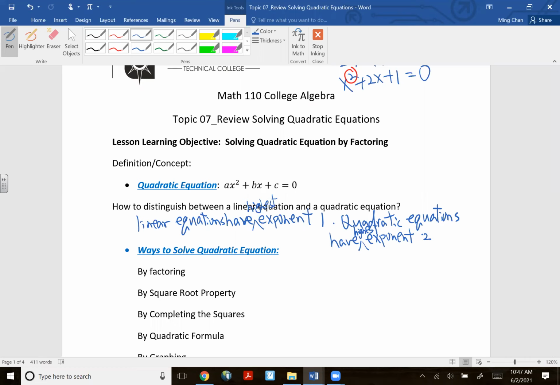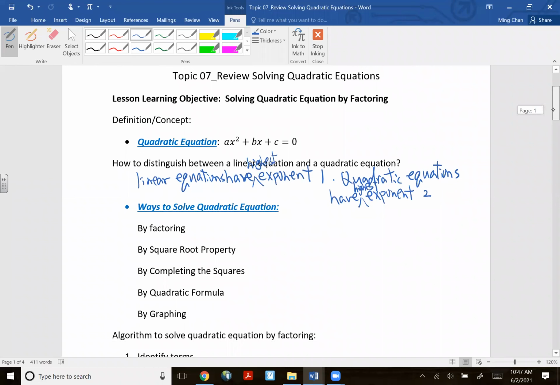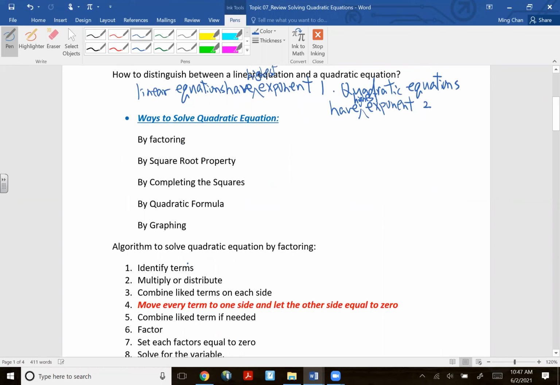The first 3 steps on how to solve a quadratic equation are the same as for the linear equation. Identify your terms, multiply or distribute, and combine like terms on each side. If you ever took Math 108 or Math 102, there are actually 4 different ways to solve a quadratic equation.